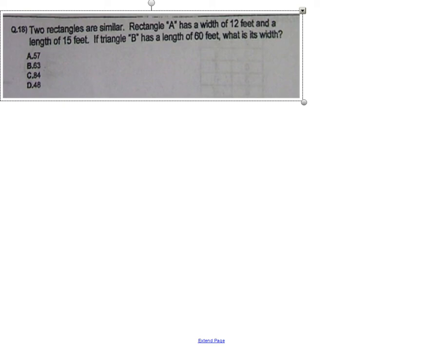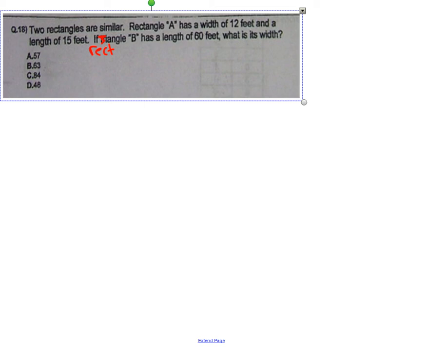2 rectangles are similar. Okay. Rectangle A has a width of 12 and a length of 15. If rectangle B has a length of 60 feet, what is its width? So Roger, how can we solve this? You can use proportions.